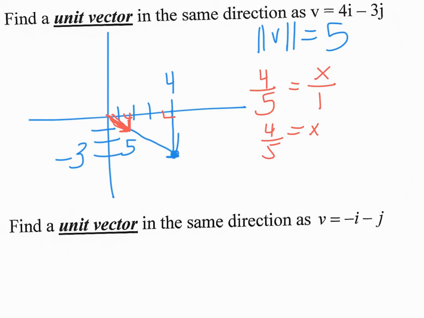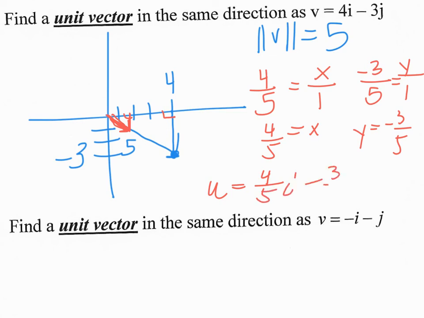And if I do the same thing with the y's, it would go -3 in the y's over the hypotenuse equals some y over the hypotenuse. And I get y to be -3/5. So with very little work at all and just remembering a little geometry, you can see the unit vector would be 4/5 i minus 3/5 j. All right, so that's doing it without knowing any new material.